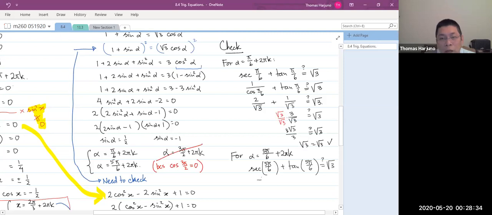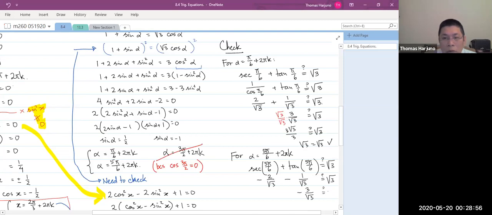This will be negative because it's equivalent to negative 2 over radical 3. And tangent in quadrant 2 will also be negative. After you compute this, you will get negative 3 over radical 3.